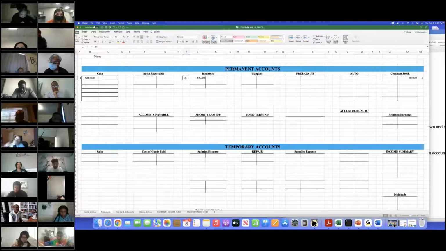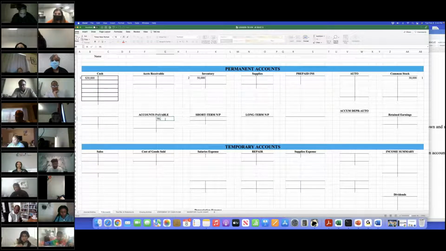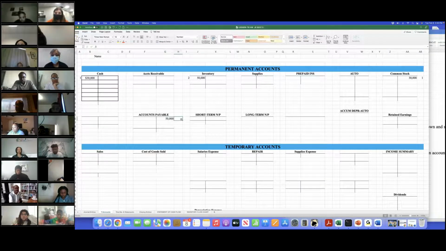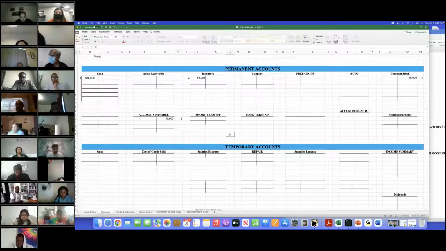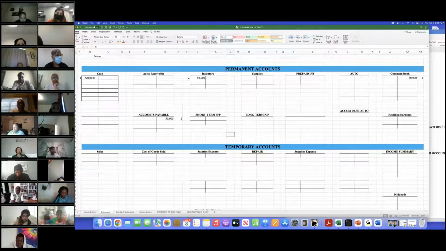And we're going to go down here to accounts payable and credit accounts payable. If it's a debit in the journal entry, it's going to come into the ledger as a debit. If it's a credit, it's going to come in as a credit. Are there any questions?